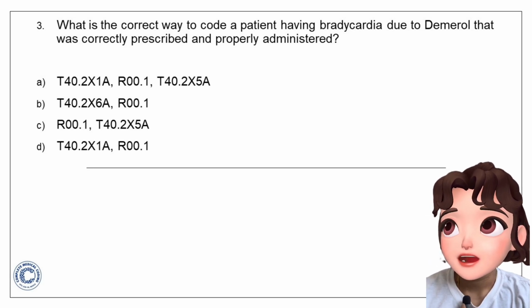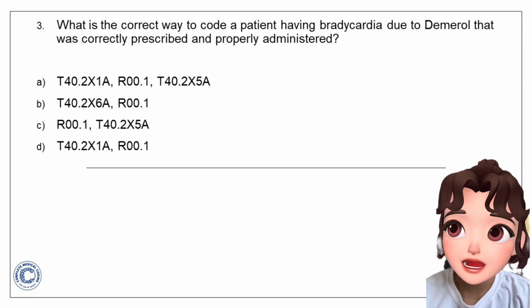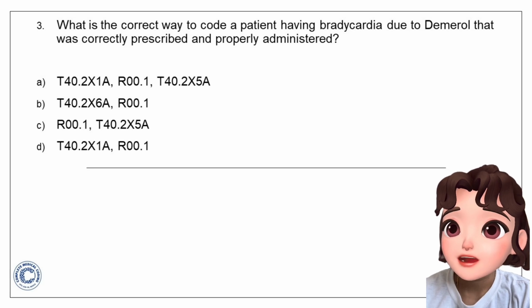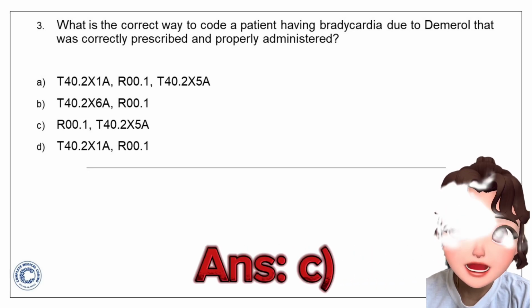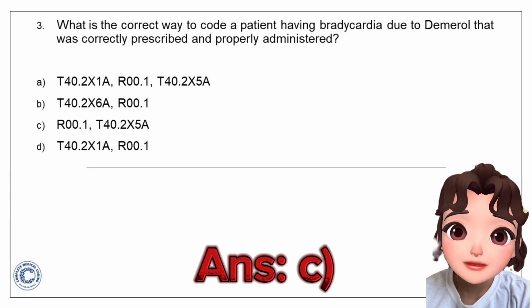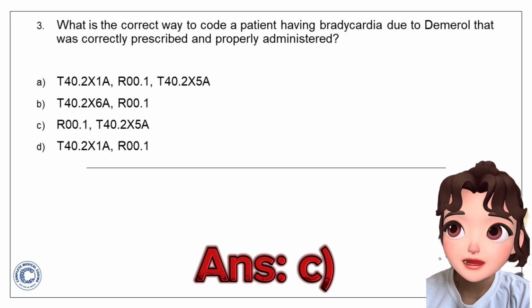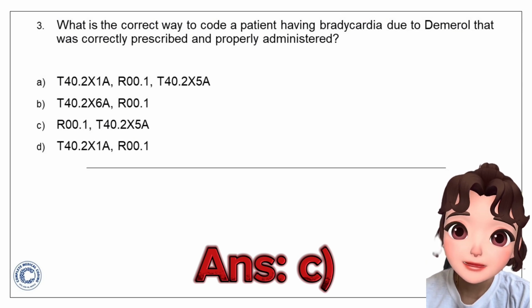The patient right now needs treatment for bradycardia, so you have to code bradycardia first. So the answer is option C. Code bradycardia first, R00.1, followed by the adverse effect. How did this bradycardia occur? Adverse effect of using the opioid, that is T40.2X5A.